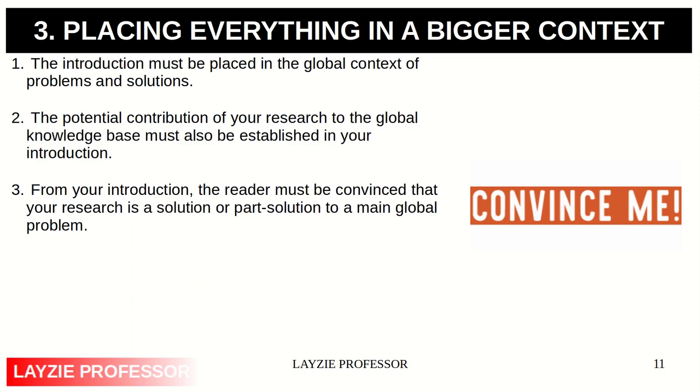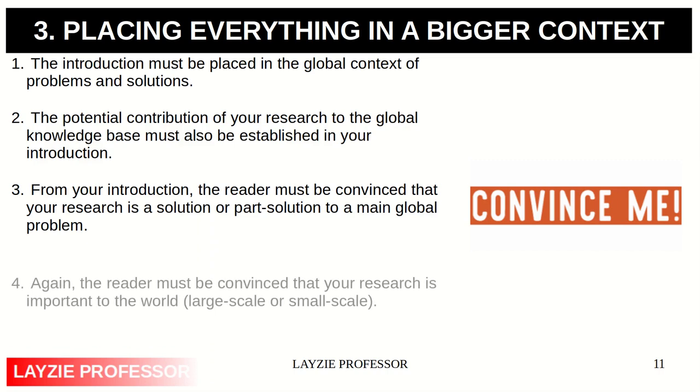Or the problem may be a local problem, something affecting, let's say, a country, like the power generation of a country, or the establishment of some irrigation system for some small community. These are local problems. So either way, you must be able to convince the reader that whatever it is that you're working on is a solution, or is part of some solution to some problem, basically.